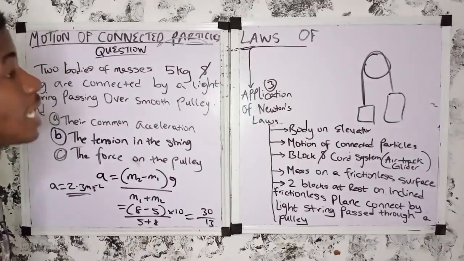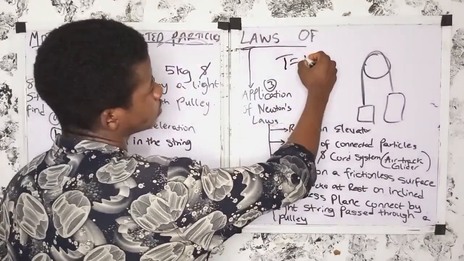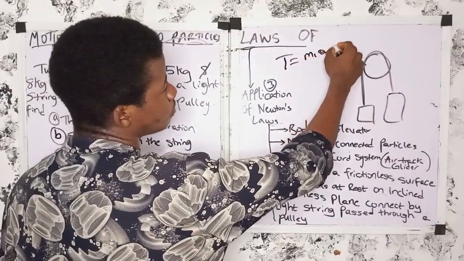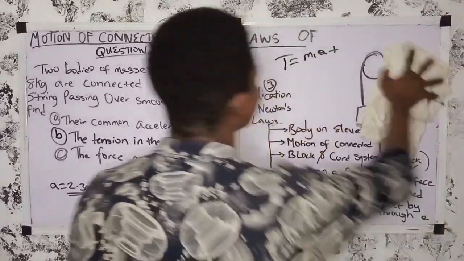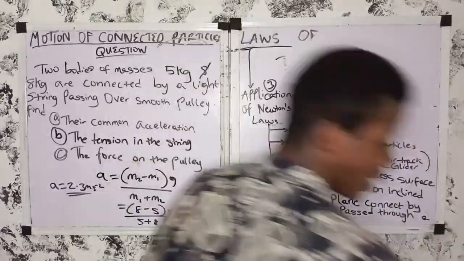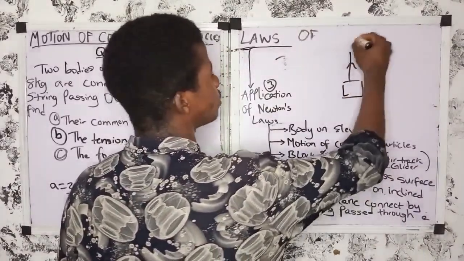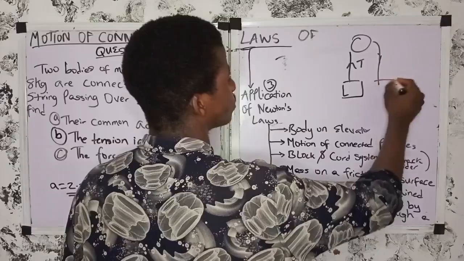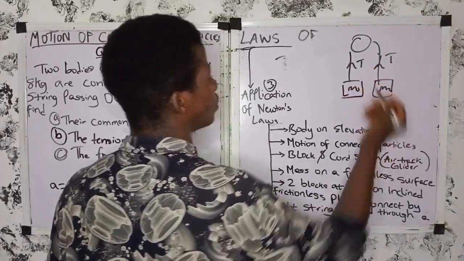I gave you the formula as well. Let me just derive it fast. We have tension on one side and another tension on the other side, with M1 and M2.